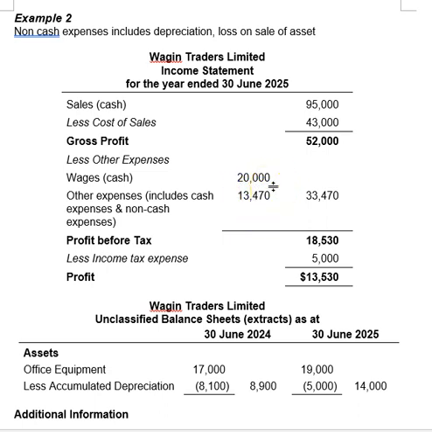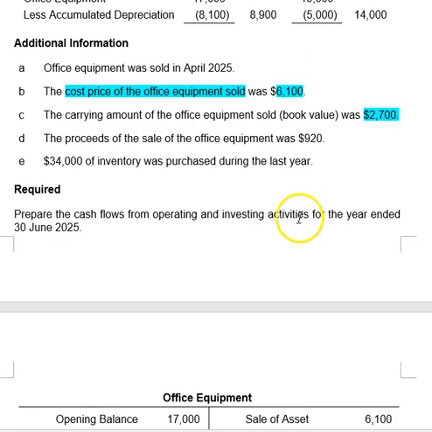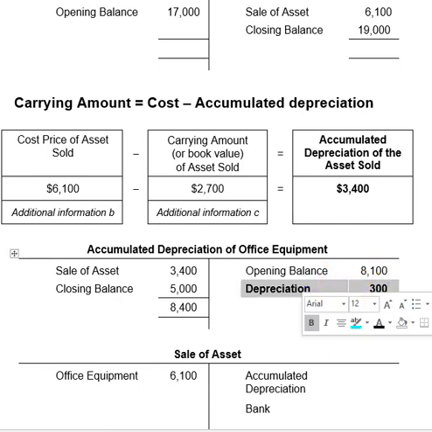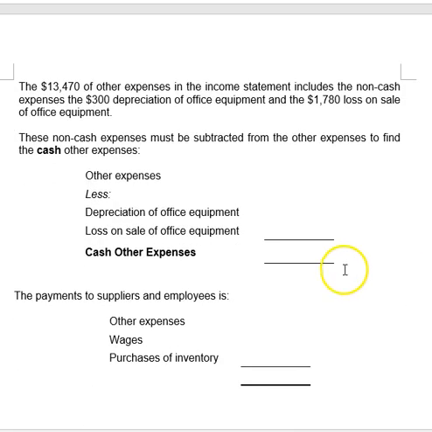This is to find out how much is the cash expenses that we have. We only include cash expenses in our operating activities. We don't include non-cash items. So 300 for depreciation, and depreciation is not a cash item. So what you can do here is find out all your cash other expenses.